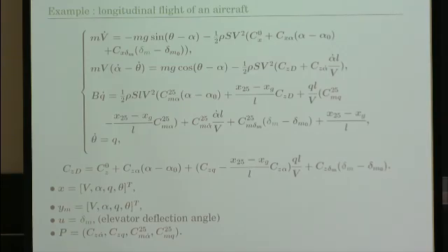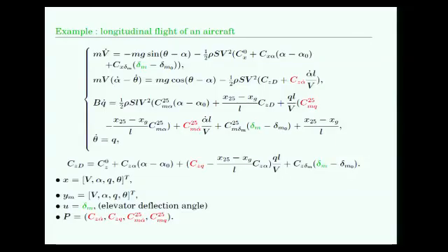The parameters to be optimized are given in red color here: CZ alpha point, CMQ, CM alpha point, and CZQ. CZQ is here. The input to be designed is given by delta M here. Delta M represents the elevator deflection angle.